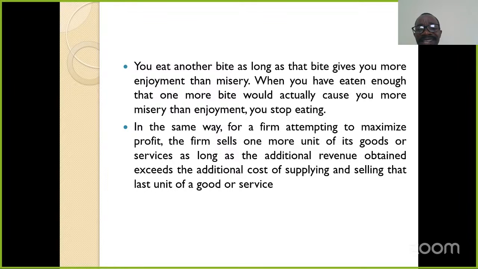In the same way, a firm attempting to maximize profit sells one more unit of its goods or services as long as the additional revenue obtained exceeds the additional cost of supplying and selling that last unit of good or service.